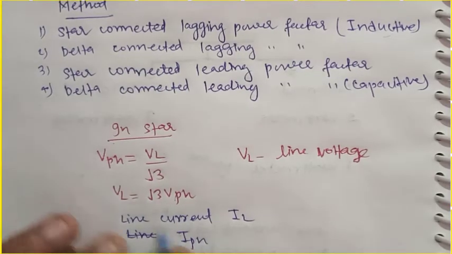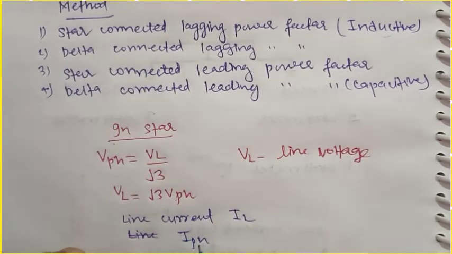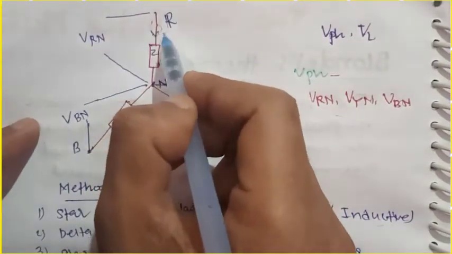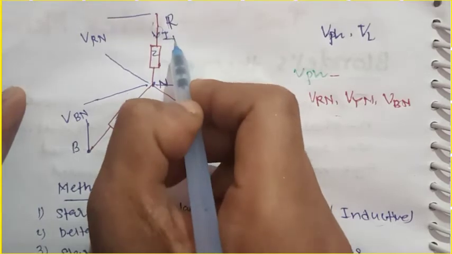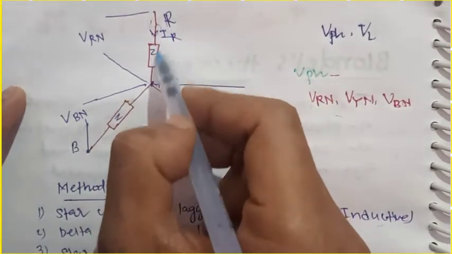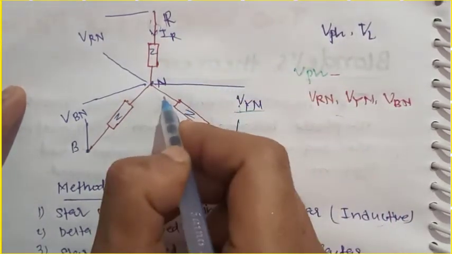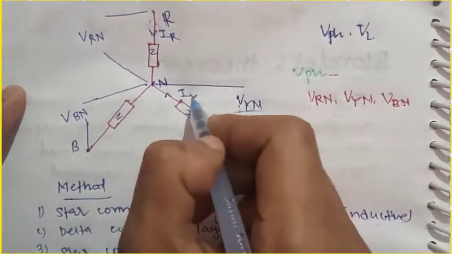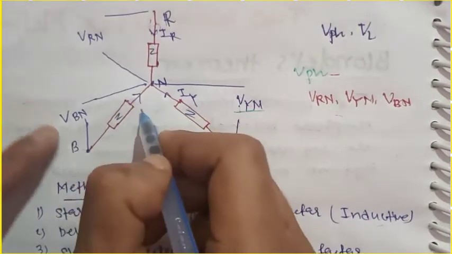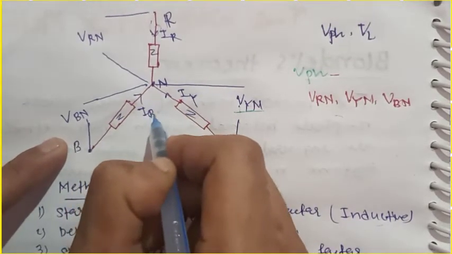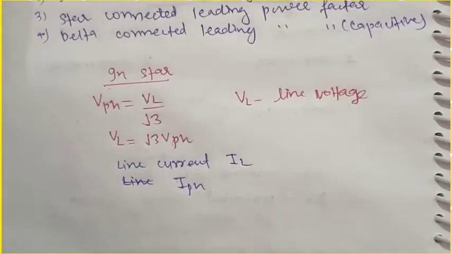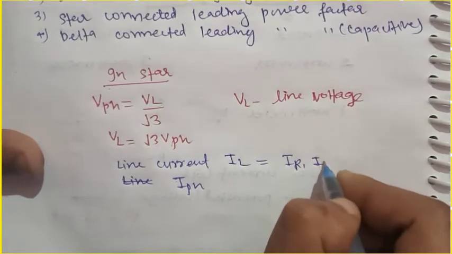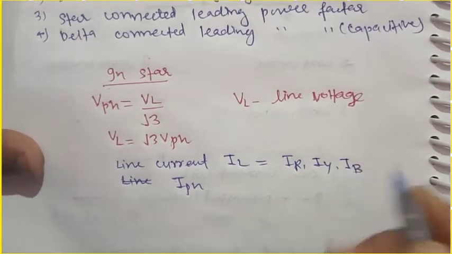In star connection, line current and phase current are the same, because the current entering through this we will call IR, and we can also say IRN, and the current entering through here is IY, and current entering through this is IB. Then the line currents will be IR, IY, IB.